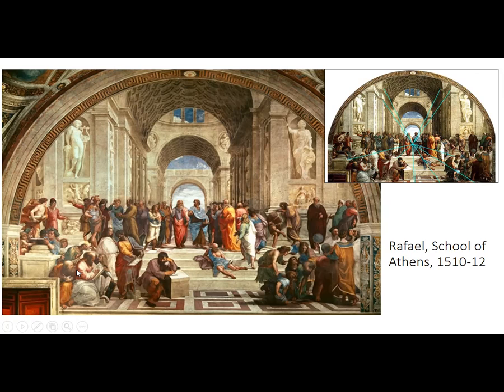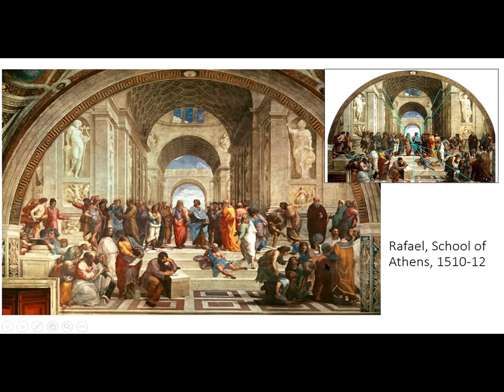I think one of these is supposed to be Leonardo, and this could possibly be Leonardo because he's drawing in a book, kind of with a sketchbook here, and a lot of people are looking over his shoulder at his sketches. And this right over here is a self-portrait of Raphael.